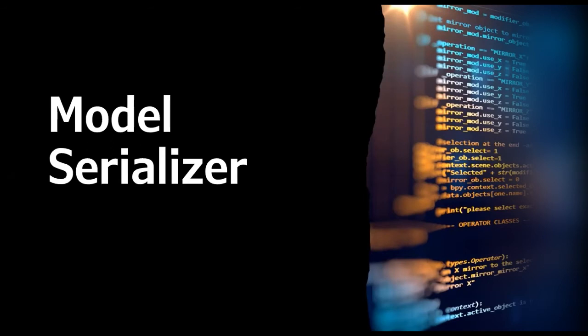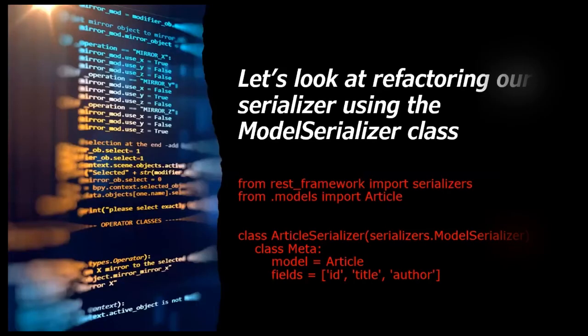Okay? So in the same way that Django provides both forms classes and model form classes, the REST framework includes both serializer classes and the model serializer classes. Okay. So let's try to refactor our serializer using the model serializer class.